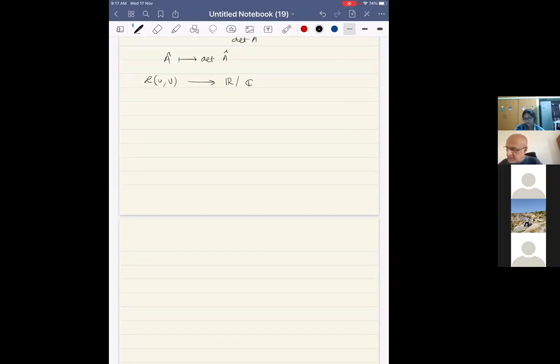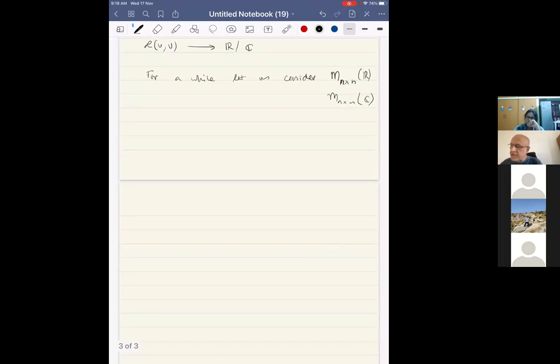So for a while, let us consider M n cross n matrices, R or C. So we are not looking at linear maps from a vector space to itself. We are looking at linear maps from column vectors to column vectors, namely n by n matrices.